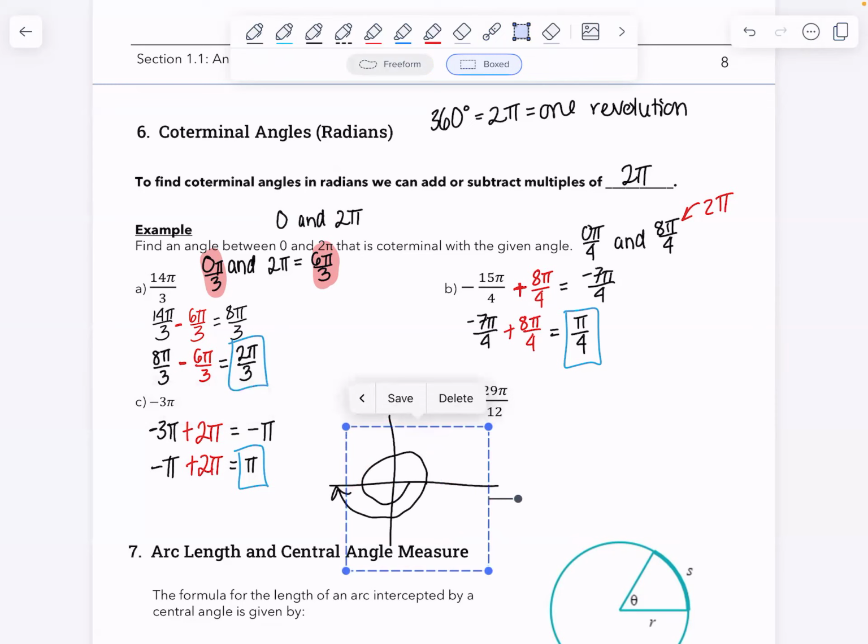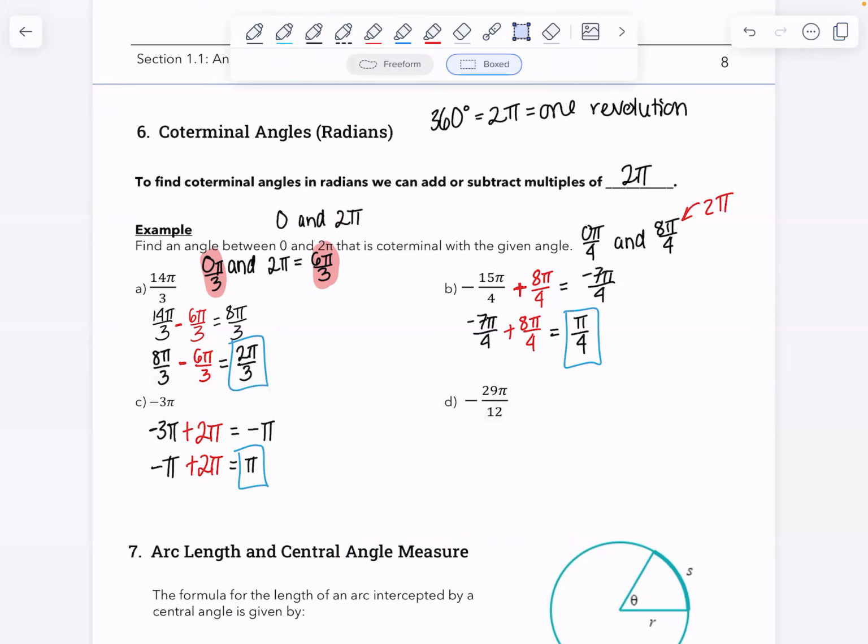For the very last one, negative 29 pi over 12, we're looking at a denominator of 12, so we're looking between 0 pi over 12 and 24 pi over 12. For negative 29 pi over 12, we add 2 pi because it's negative, so that's adding 24 pi over 12.